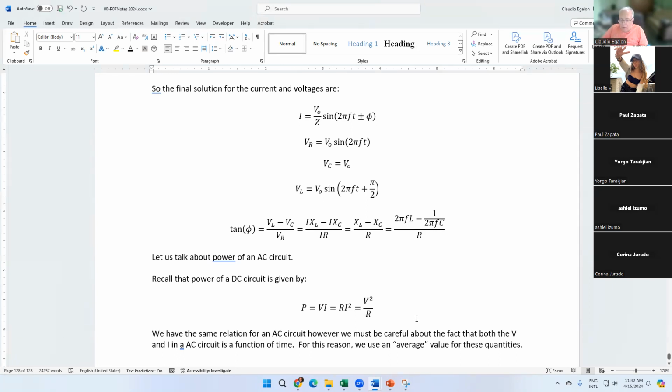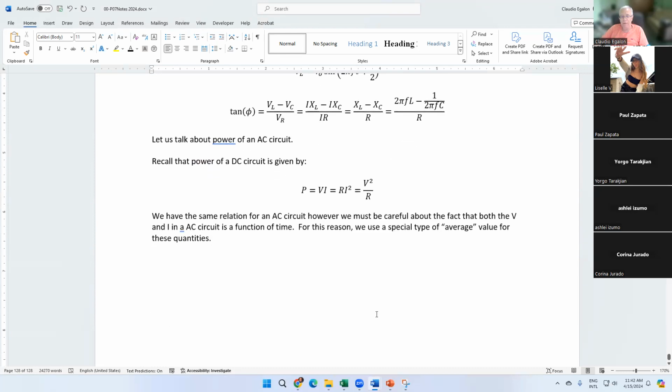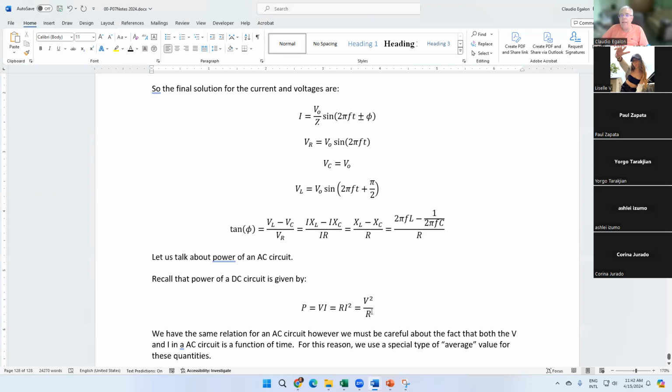Not exactly an average, but a special type of average value for these quantities. And let me clarify why is that.